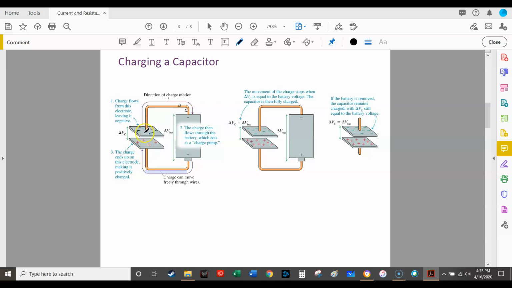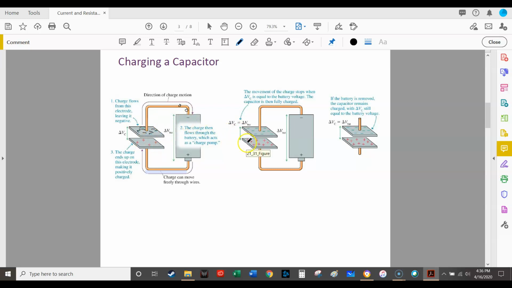Any electrons that were on this plate are now on the other plate. So this plate, with just the protons stuck in the metal, has lost all of its electrons, and they've built up over here. What you have is a plate of protons and a plate of electrons, which naturally creates an electric field.